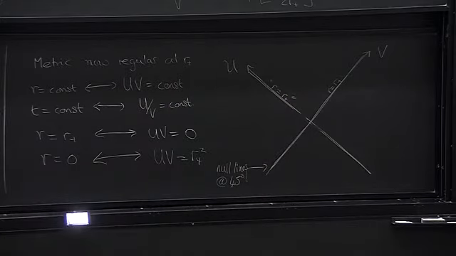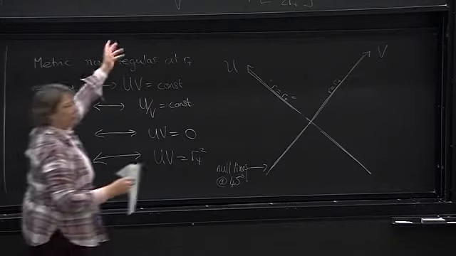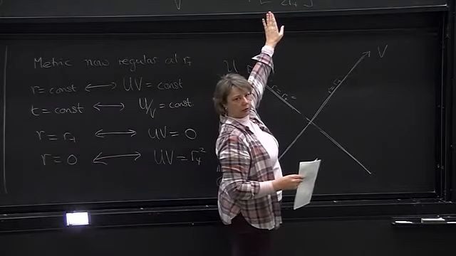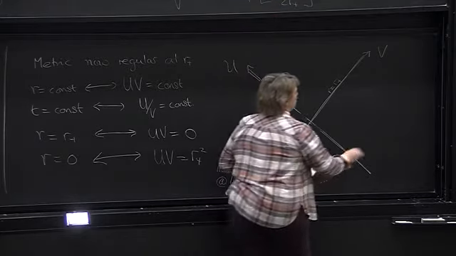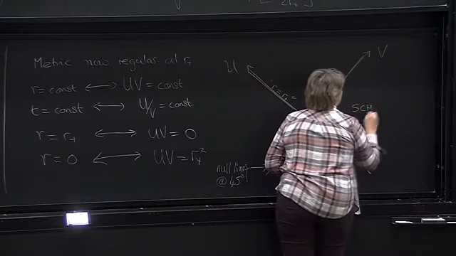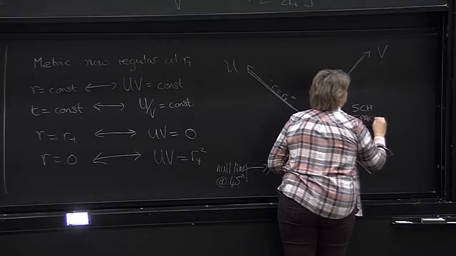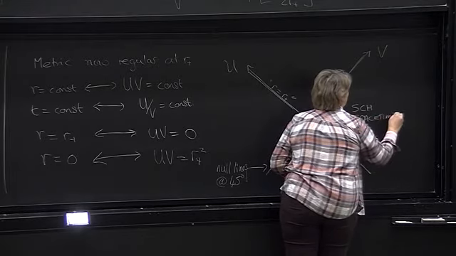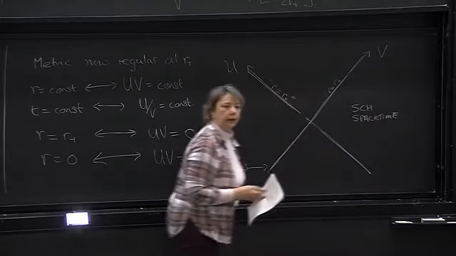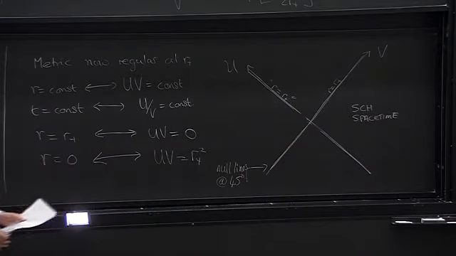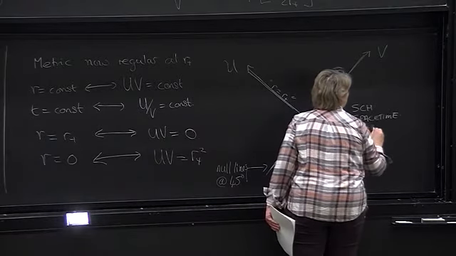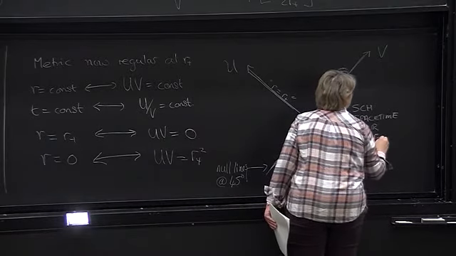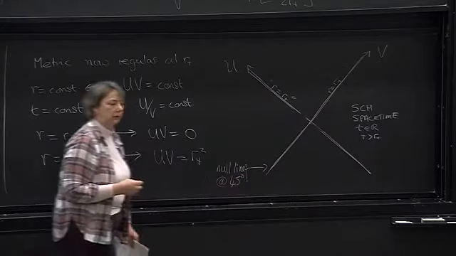But in terms of my normal asymptotic Schwarzschild coordinates, v is positive, u is negative. So this is our Schwarzschild space-time out here, for normal t and r greater than r plus. That's our physical black hole space-time.